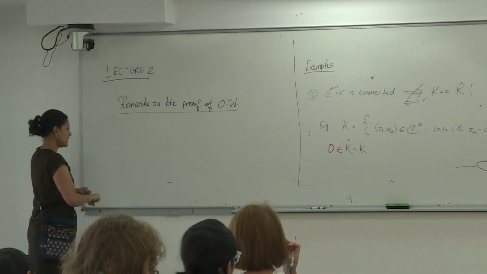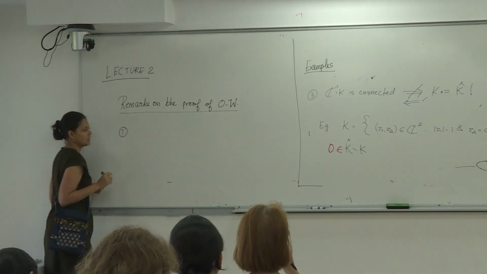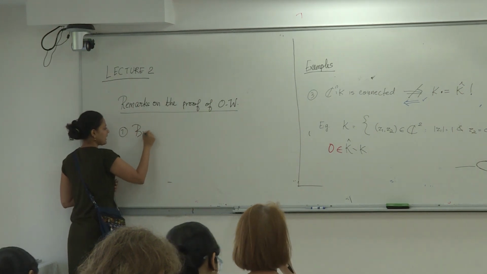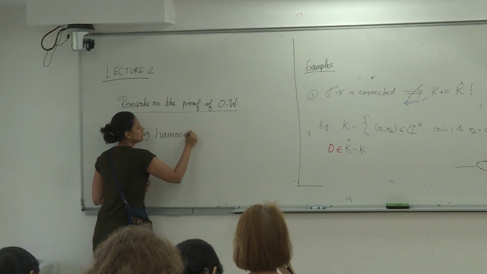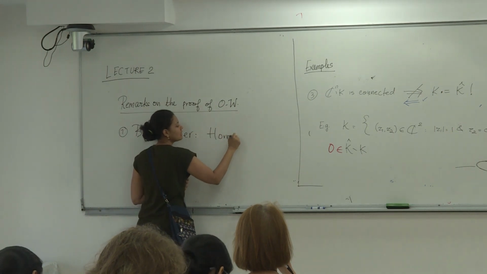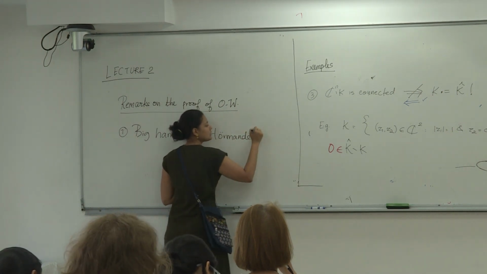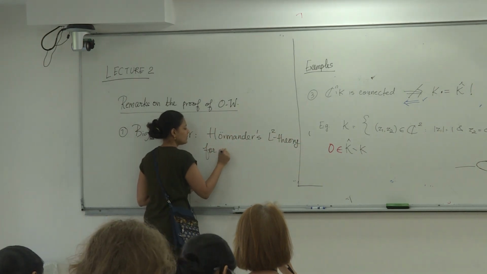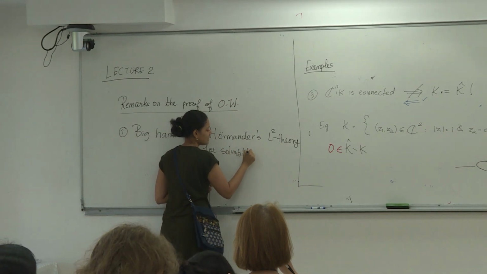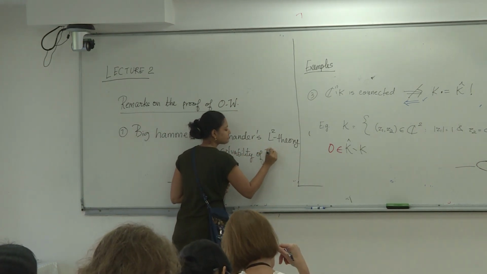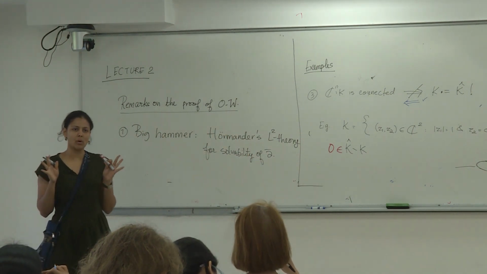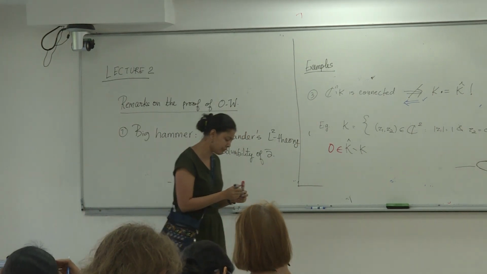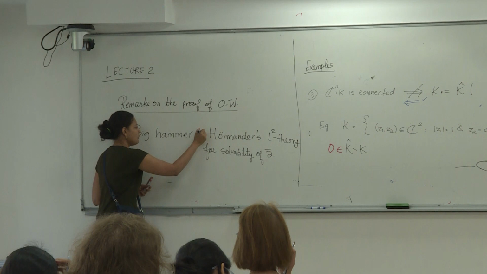So if I just want a proof, and I don't care about anything else, then one can use a very big hammer, which was mentioned yesterday in the SCV overview, which is Hörmander's L2 theory for solvability of dbar. Okay? And once I assume this amount of machinery, then it gives me quite a concise proof. I'm not going to do this.